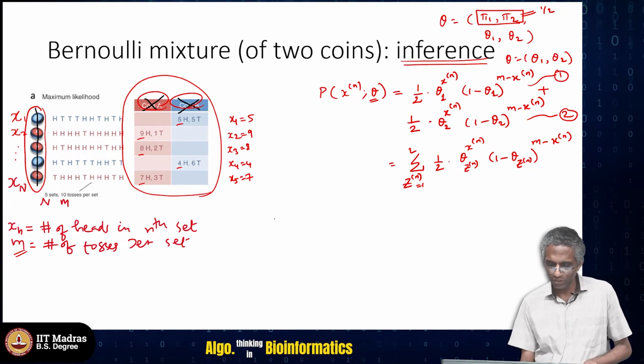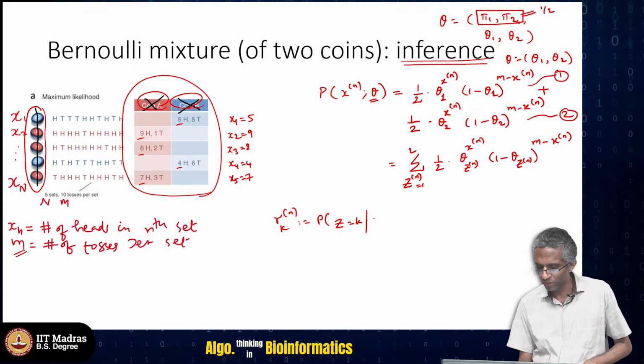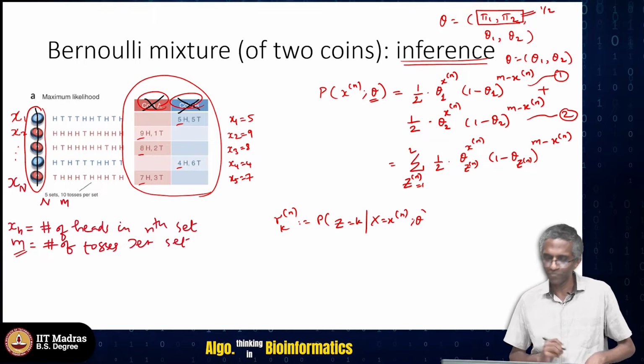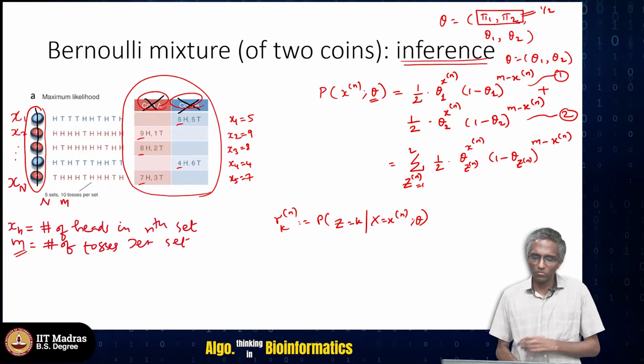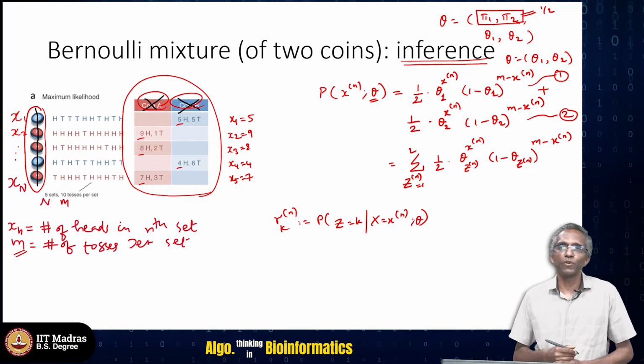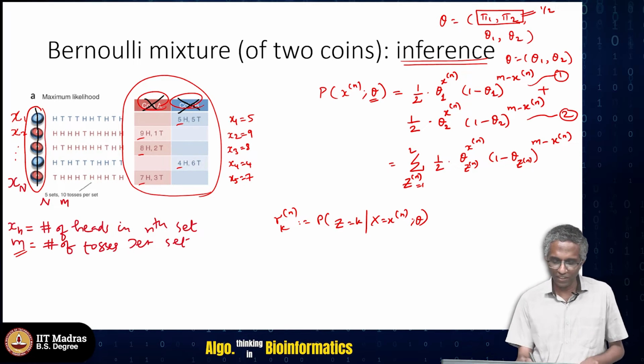If you want to know the responsibility vector Rk of n, this is defined as the probability that z is k, given you have x equal to xn and your current set of parameters theta. So this is your responsibility vector, or the posterior probability, for every set. For this set, what is the coin that would have generated this particular data?